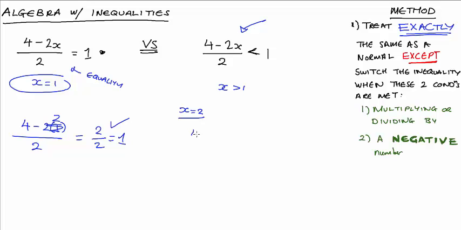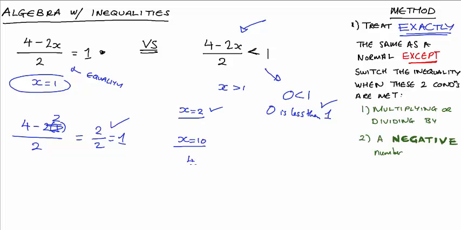So, plug it in, you get 4 minus 4 over 2. So that gives you 0. Yeah? So literally this would become 0 less than 1. Now read that. This is saying 0 is less than 1. Yeah, it is. So that's why this makes it work. And we'll pick an even bigger number. So we did x equals 10.